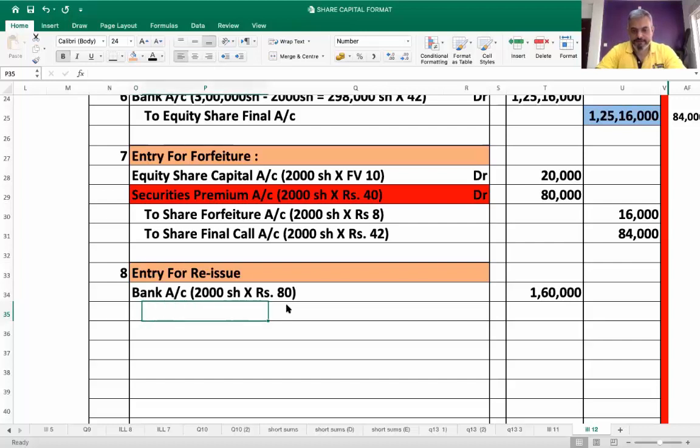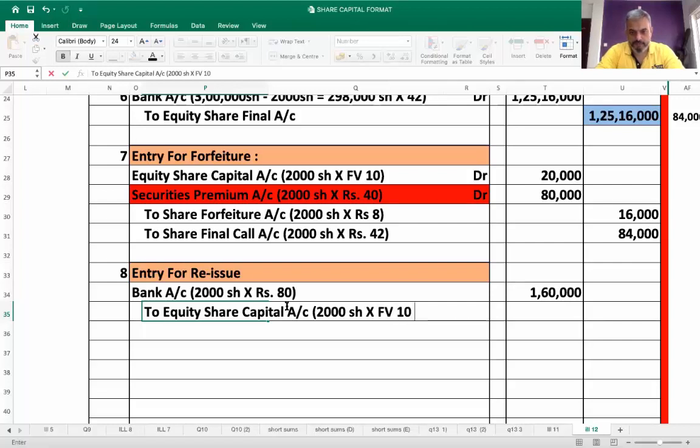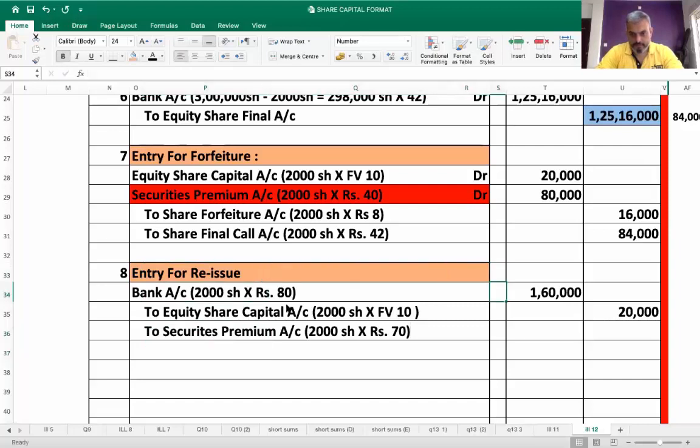So share forfeiture account debit will not come directly to equity share capital account. 2000 shares into always with the face value, 20,000 and 2 securities premium account. 2000 shares into premium is of rupees 70. It comes to 1,40,000.